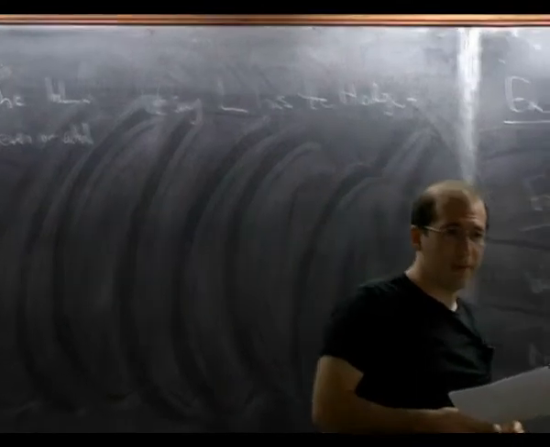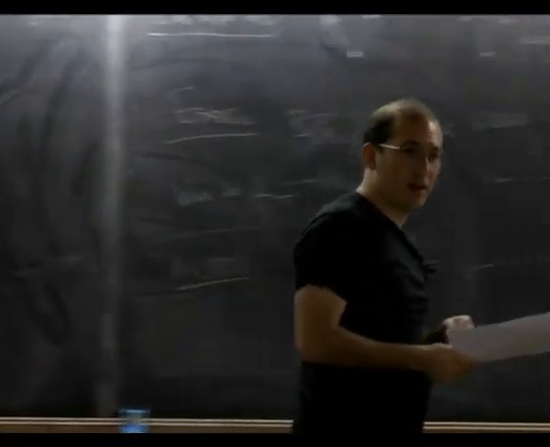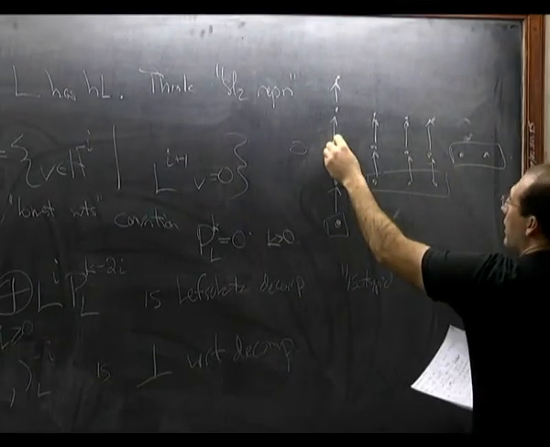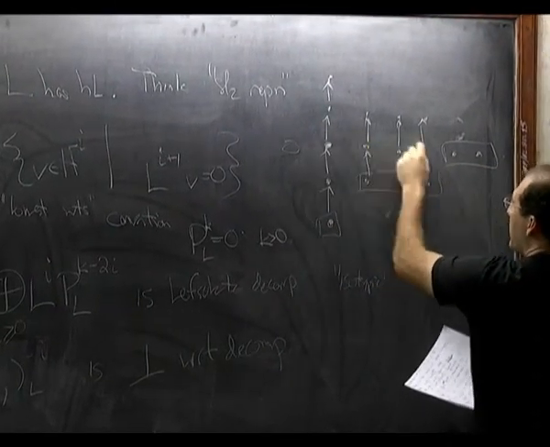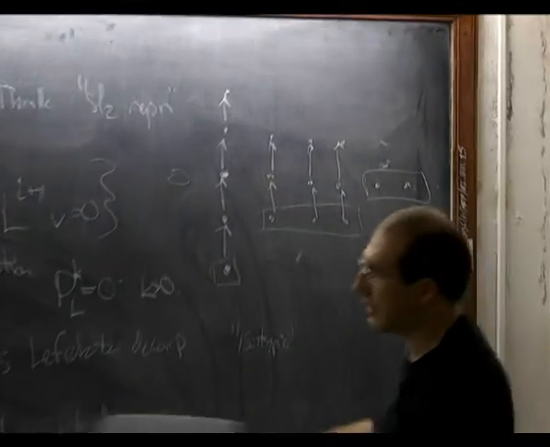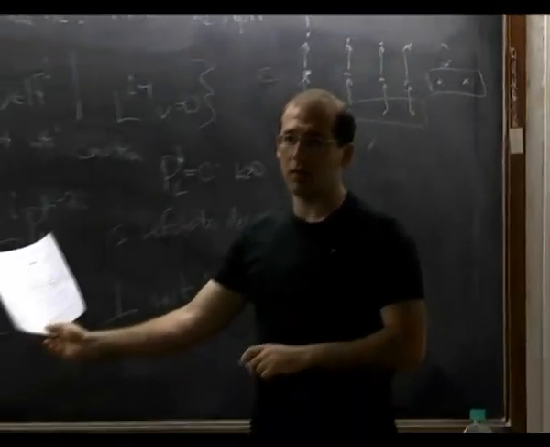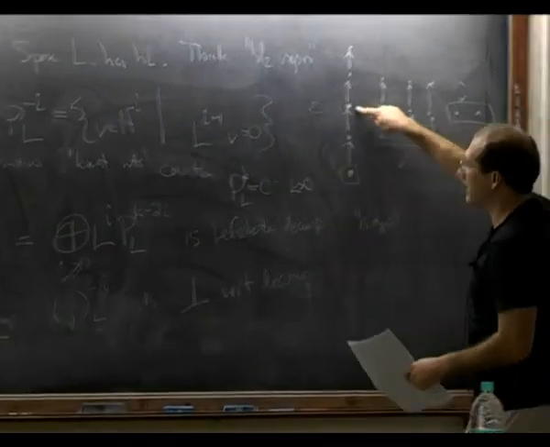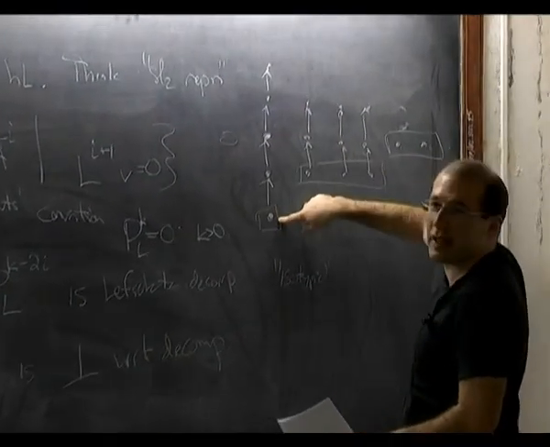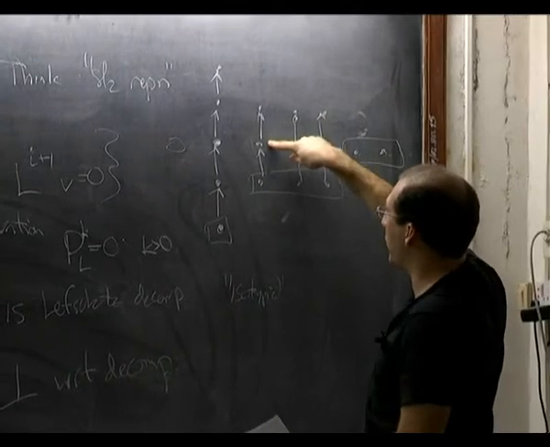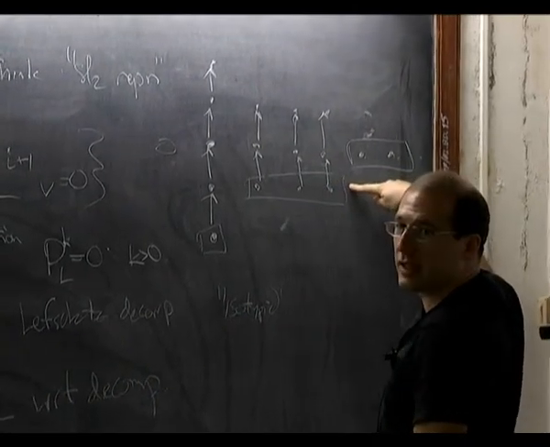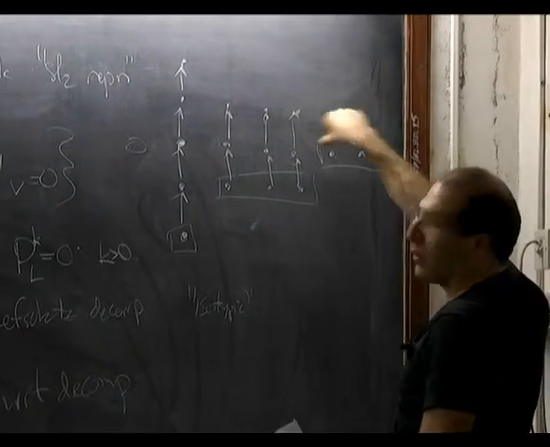So H0 is 0. In degree 0, there's this thing, and then these three things, and then these two things. That's what this decomposition is. So in L0, you have the things of the form L squared of a primitive down here, the things of the form L of a primitive in this degree, and the things that are L0 of a primitive in that degree.